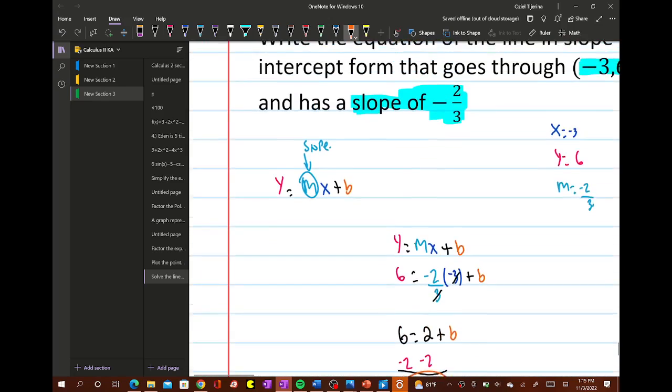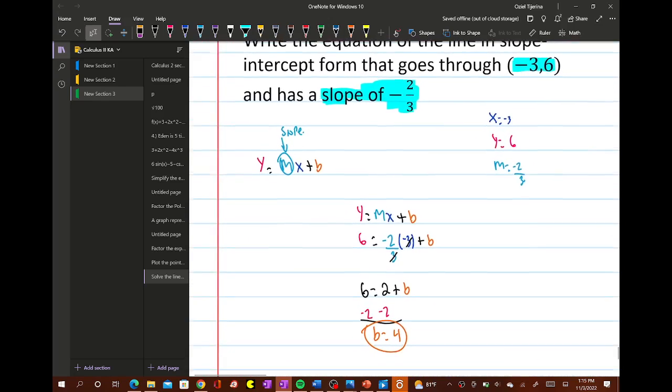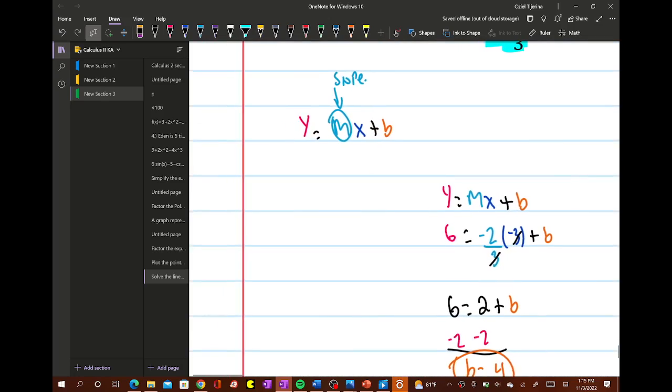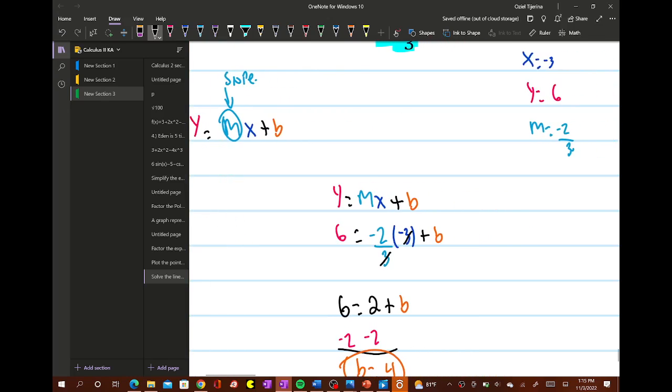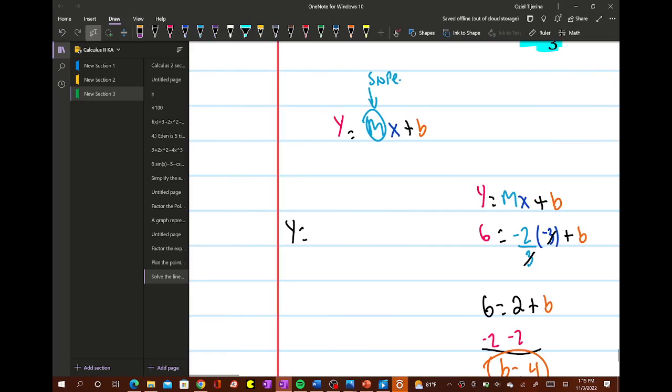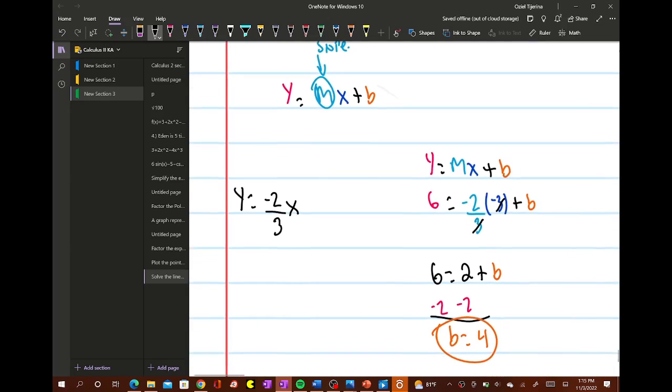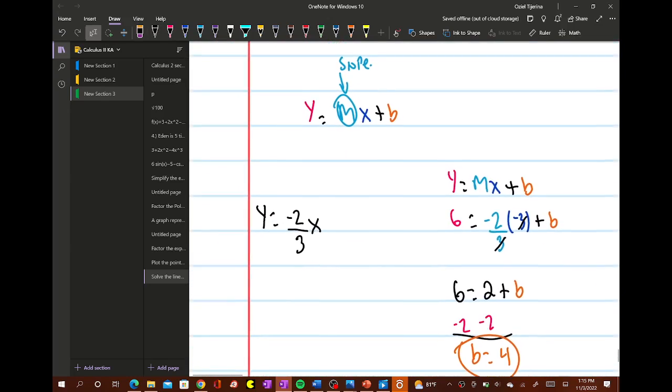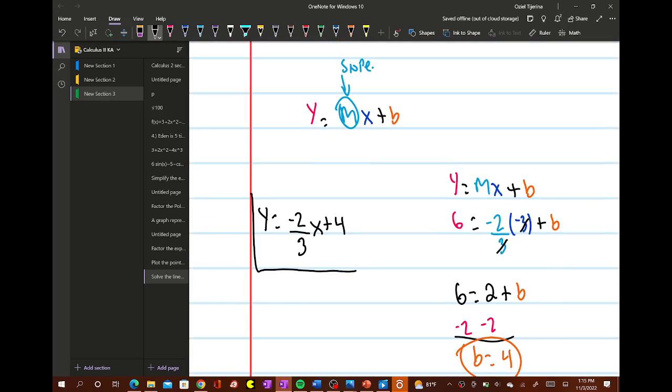Then you can write this equation in slope-intercept form: y equals -2/3 x plus 4. This would be my final answer.